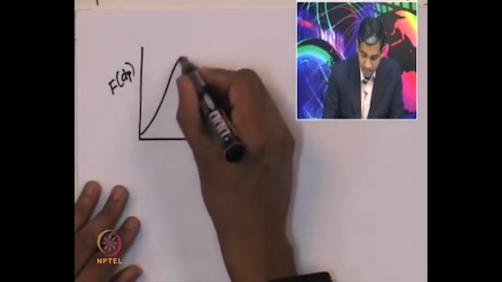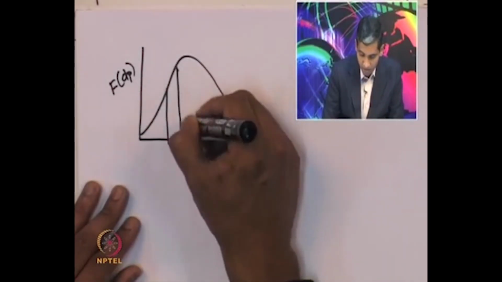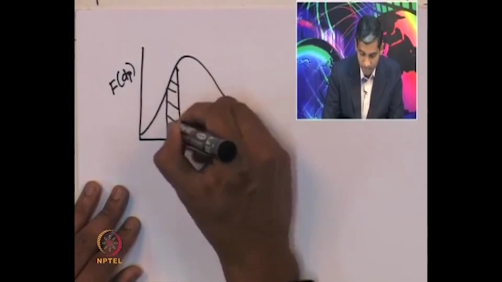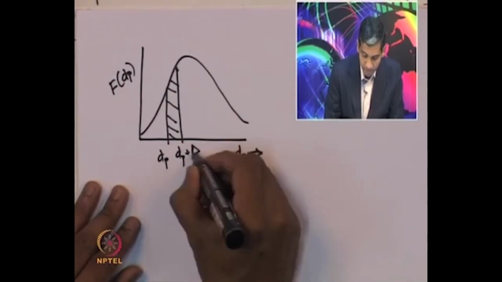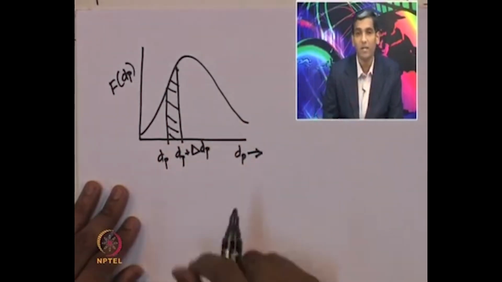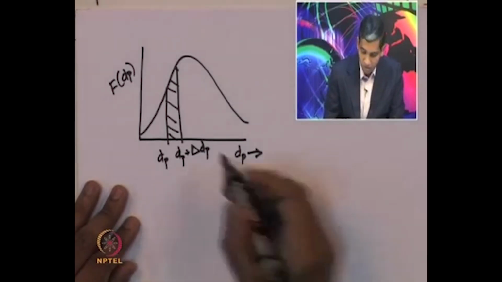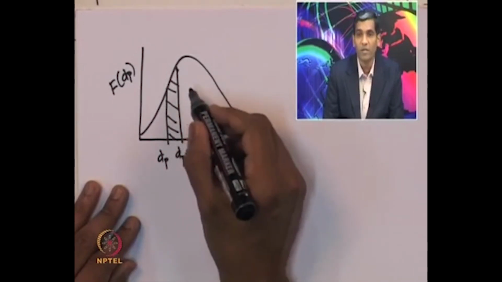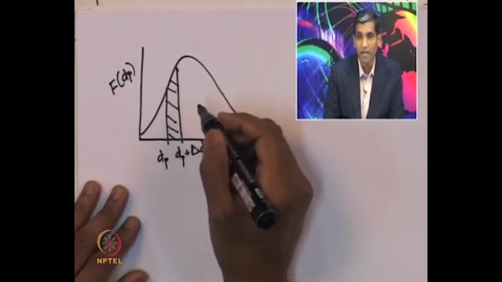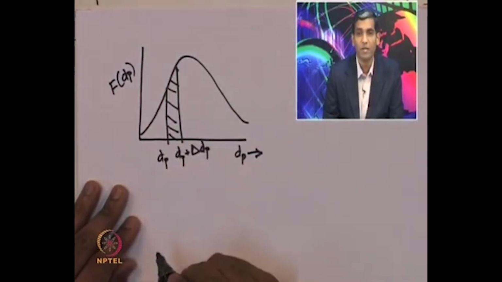Then we expect that it is a certain histogram, where the location is between, let us say, dp and dp plus delta dp, which is a small difference in the particle size. In that case, the area under the curve in this location signifies the number of particles present in the system whose diameter is between these two numbers.